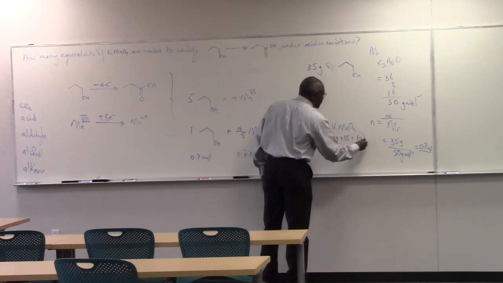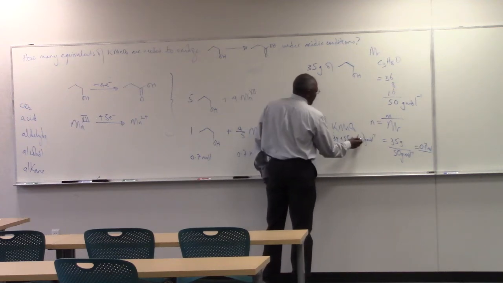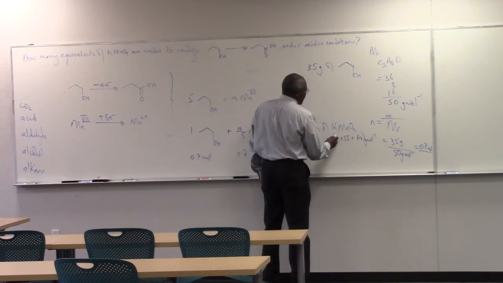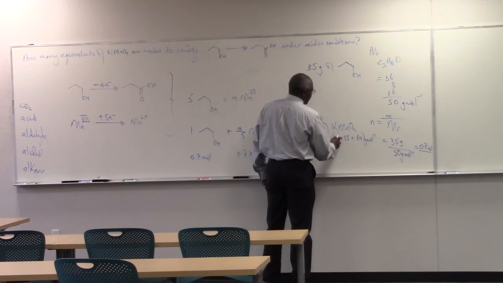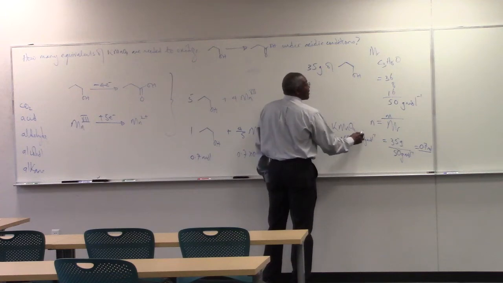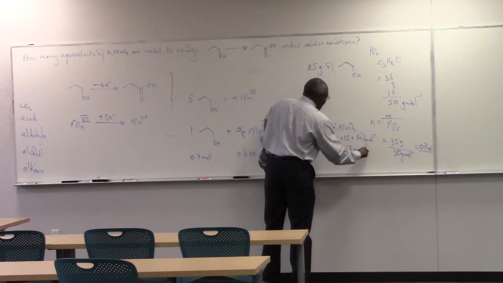And this will be grams per mole for the molar mass. So that's 39, that's 94, 158. So it's 158 grams per mole is the molar mass.